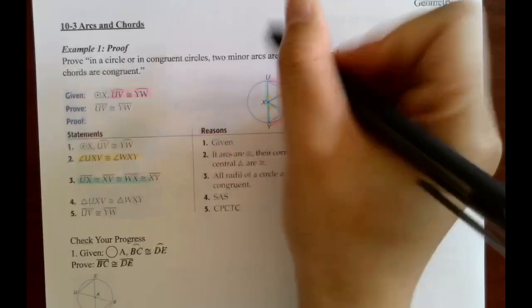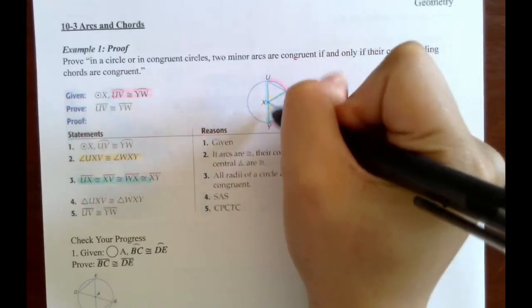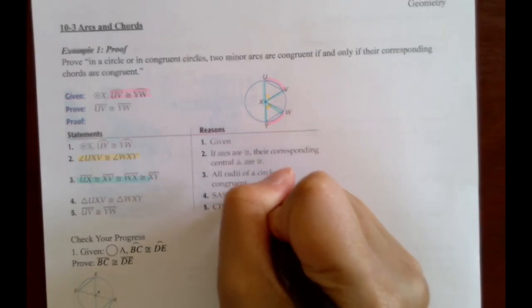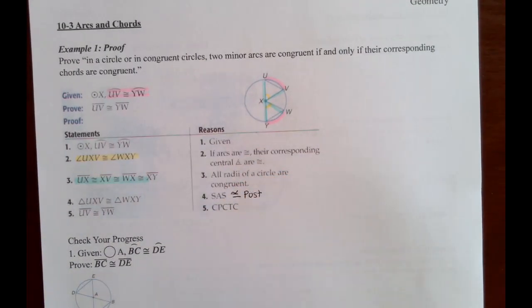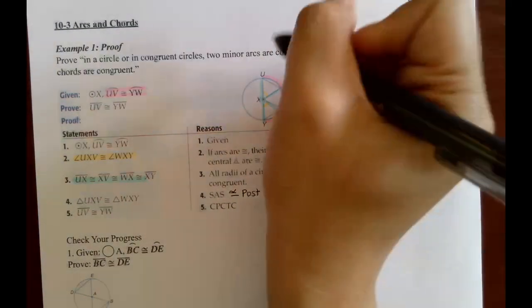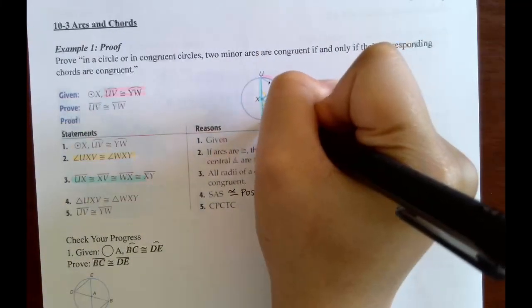So as a result, we have side, angle, side, and so we can prove that these two triangles are congruent using the side-angle-side congruence postulate. And if triangles are congruent, then their parts have to be congruent too by CPCTC, and so that would make UV congruent to YW.